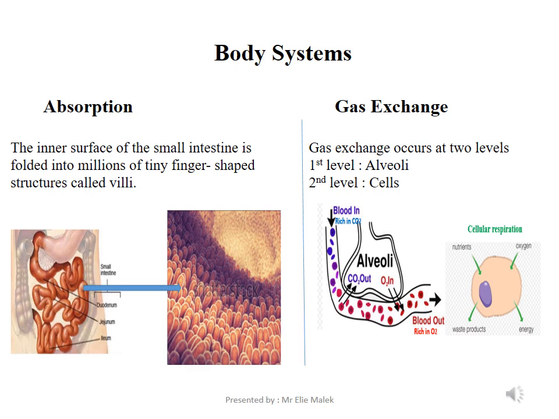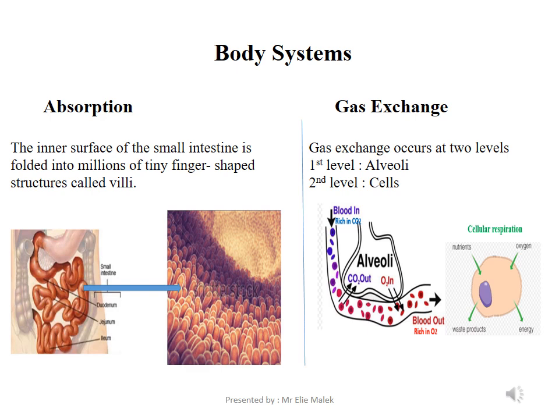Okay, in the previous slide we talked about the gas exchange. Where does it occur? It occurs at two levels, the alveoli and the cells. At the level of the alveoli, oxygen passes from the alveoli to the blood, while carbon dioxide passes in the opposite direction from the blood to the alveoli.